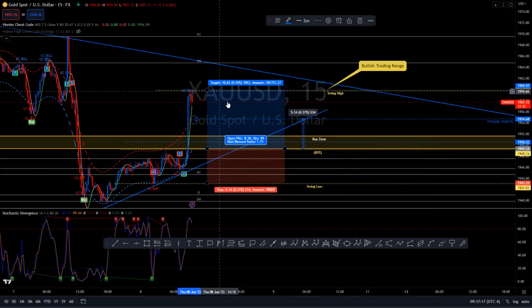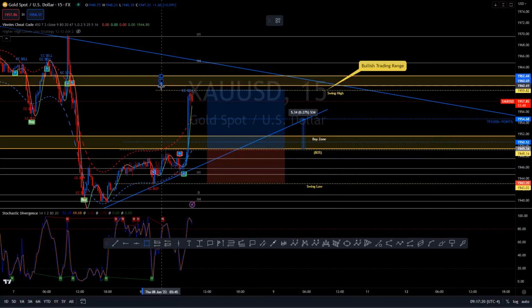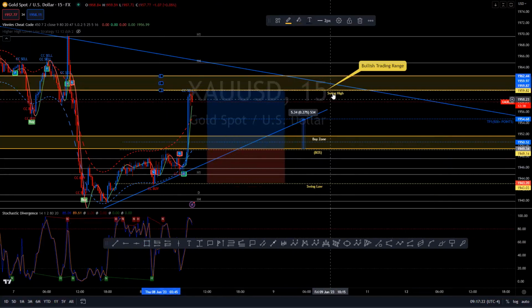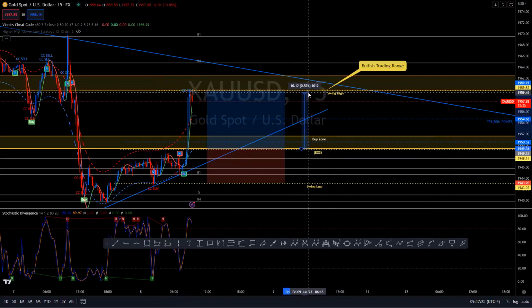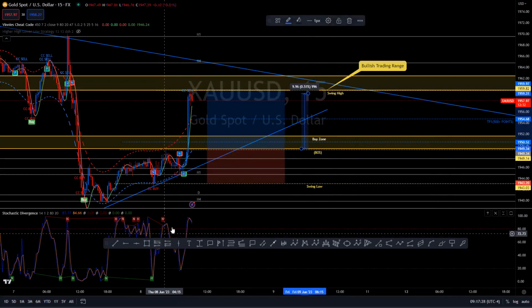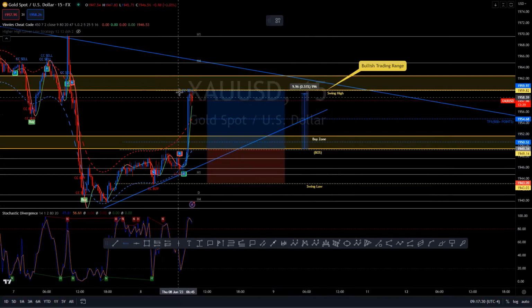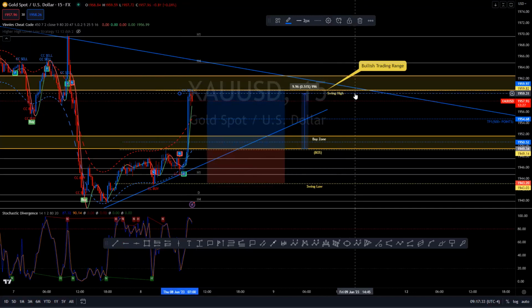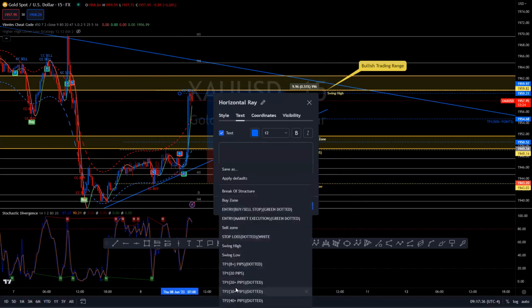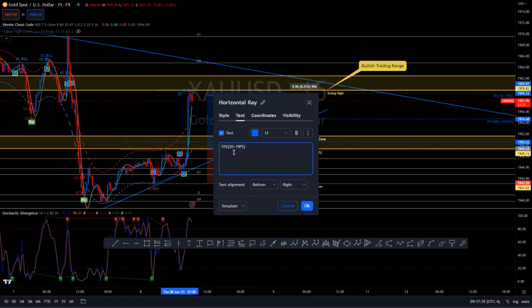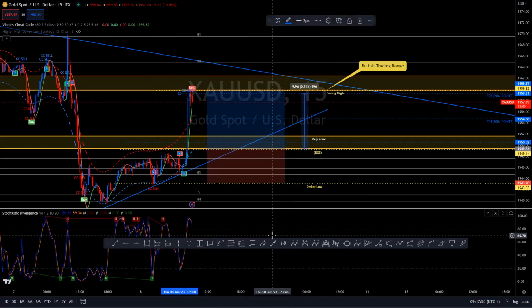That's what I'll be looking for. And then ultimately the TP2 up here, which will be close to 990 plus points. That's what I would be planning on doing.